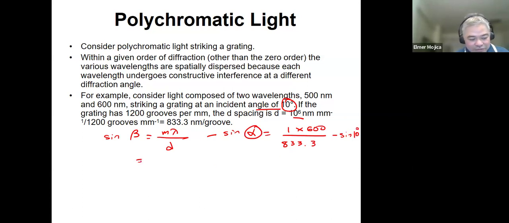This is, I think, the only time we do some sort of calculation. So what is B equal to here? 1 times 600 over 833.3 minus sine 10 degrees.